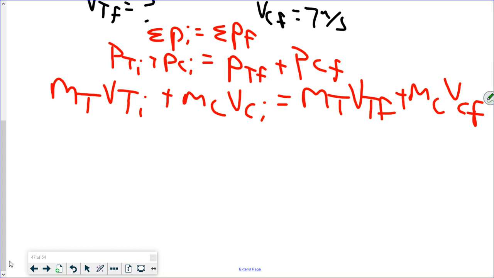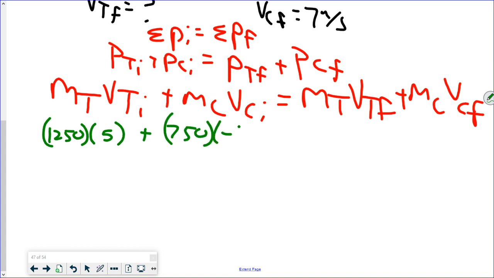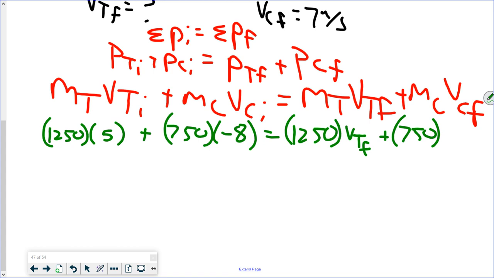You get 1250 times 5 plus 750 times -8 equals 1250 times the velocity of the truck final plus 750 times 7. And solve. You'll discover that the velocity of the truck final comes out to be -4 meters per second. Oh, cool.